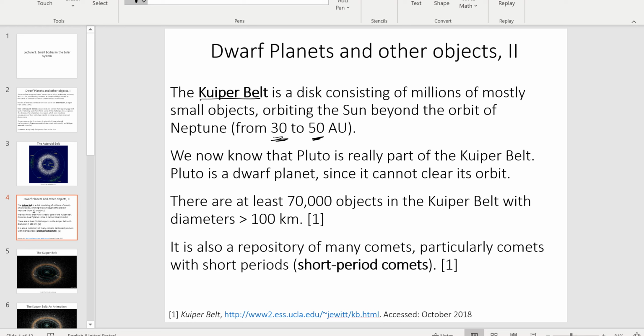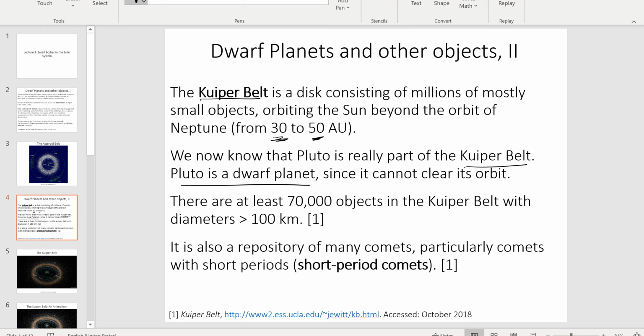It's a dwarf planet, and I'm going to show you its orbit in the context of the orbits of the planets, as well as icy rocky bodies around the sun. And I think I'll be able to convince you that it really isn't a planet.